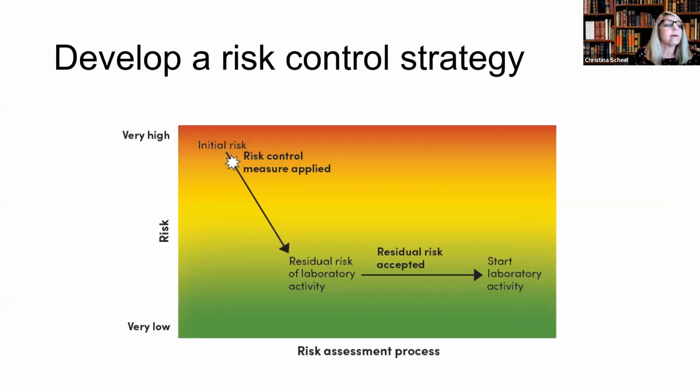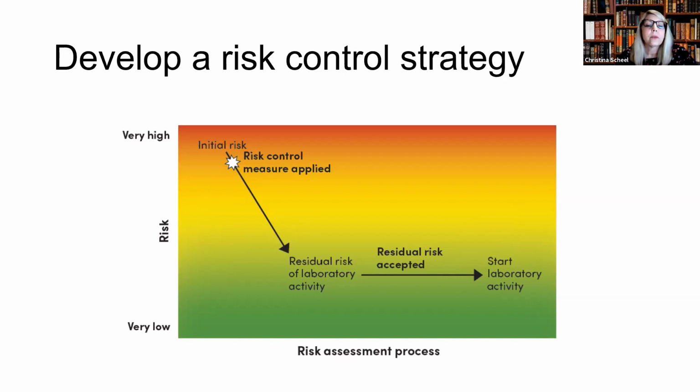Again, how do we do that? Well, we develop a risk control strategy. In this strategy, this is an example. We don't know what that procedure is, but it shows that an initial risk was determined to be medium to high, in this yellow and red range.